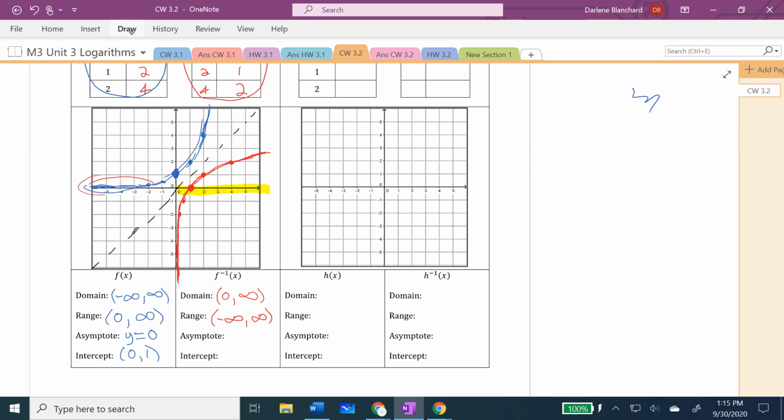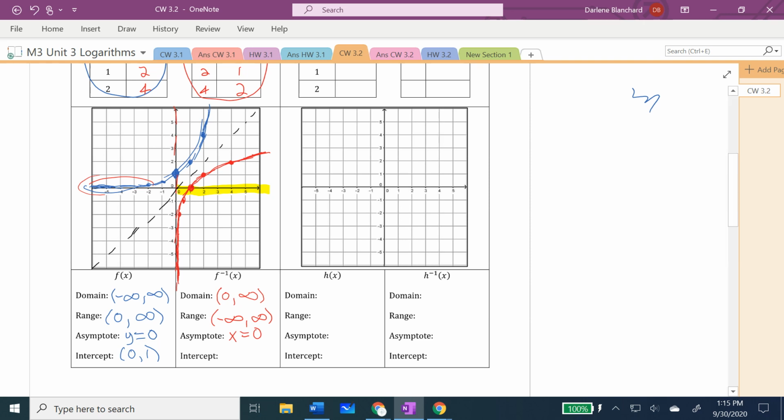Now I'm going to go back over to the logarithm. The asymptote on the logarithm is not horizontal, it is vertical, and a vertical line has equation x equals. So there is a vertical asymptote, but it's only effective on the end where x is negative.